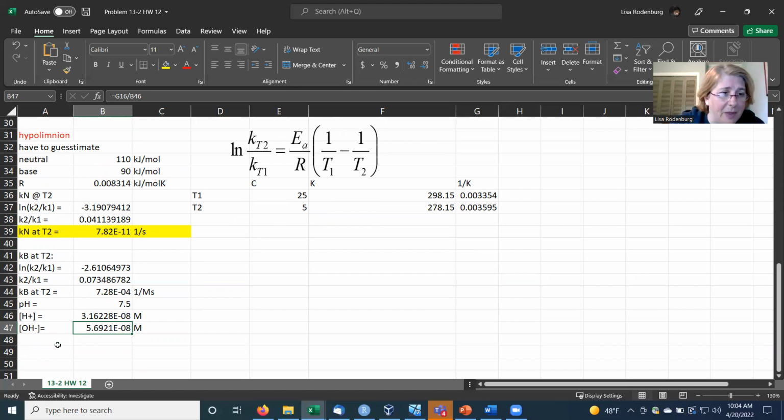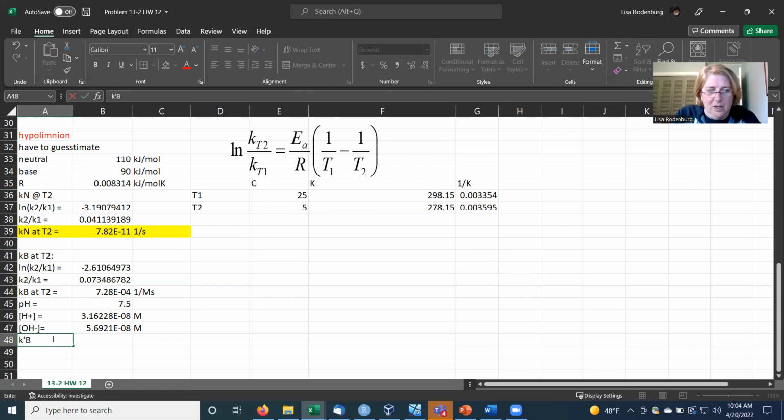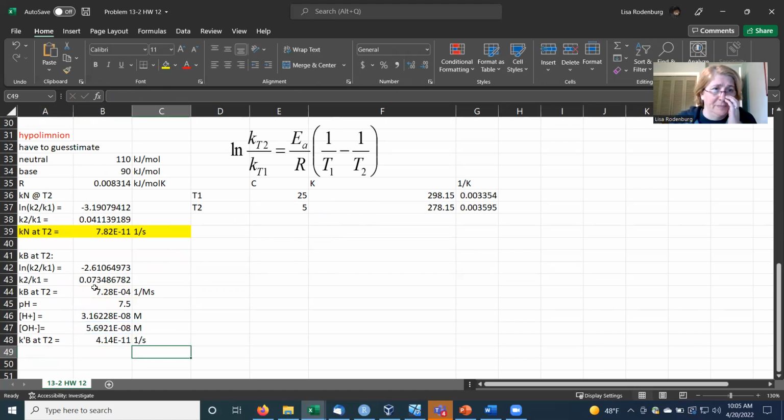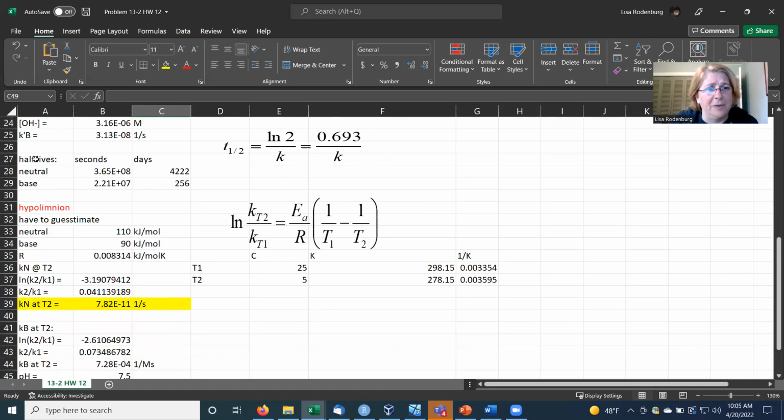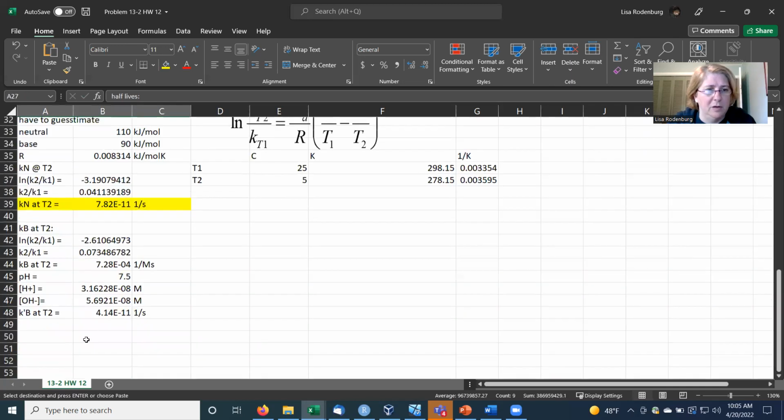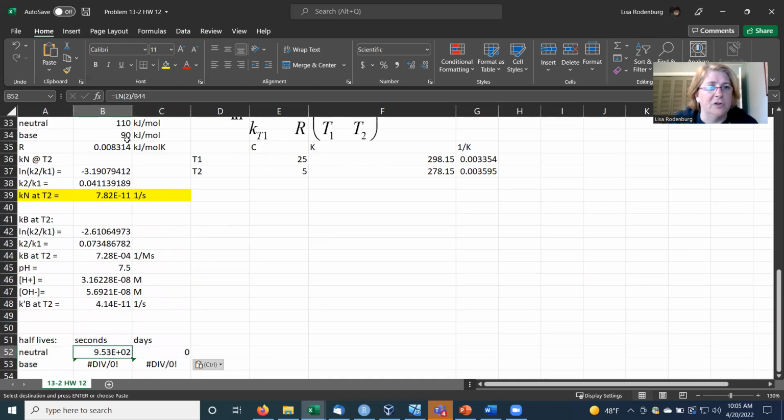Anyway, okay, so K prime B at T2 is now that times that, and now we're in 1/seconds. So now I'm going to copy this whole thing from up here. Just make sure that we get this right.